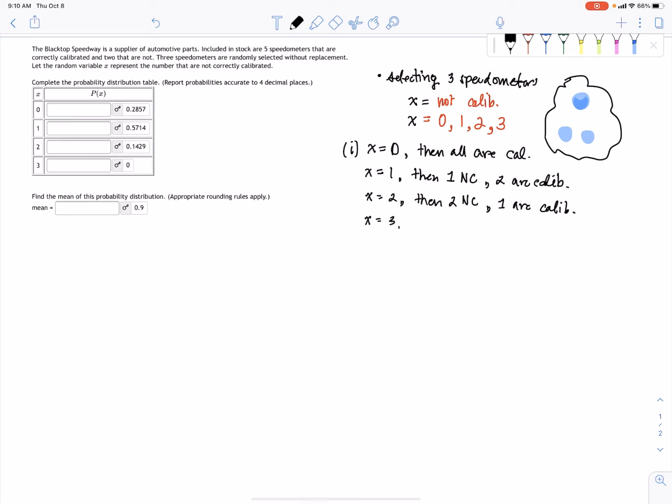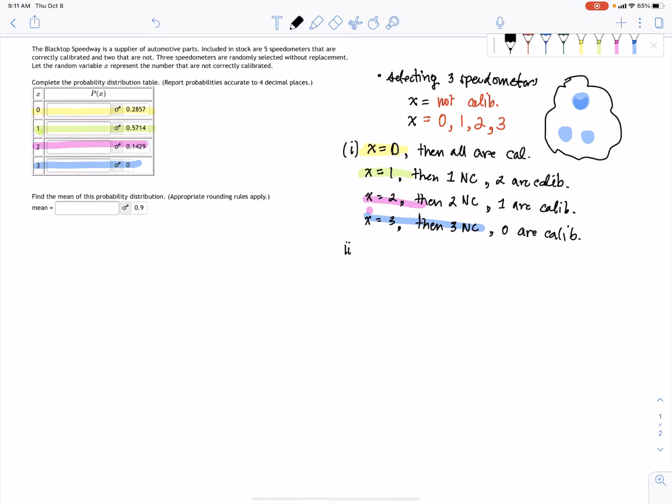And if x equals 3, then all 3 are not calibrated and 0 are calibrated. So you can see now all the combinations. Okay, and so these are the ones that we're going to find here. So if I just color code them, you'll see the situation. Okay, so that's kind of the first part.